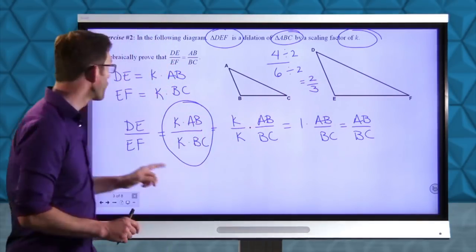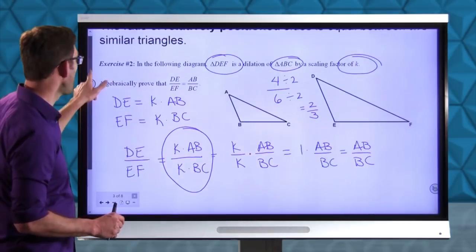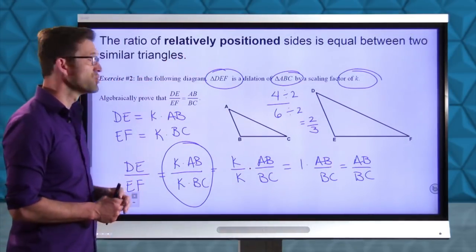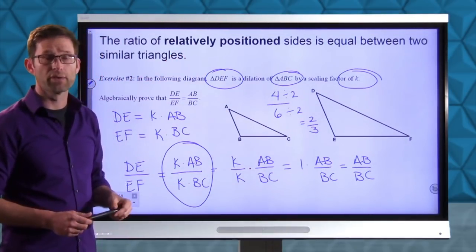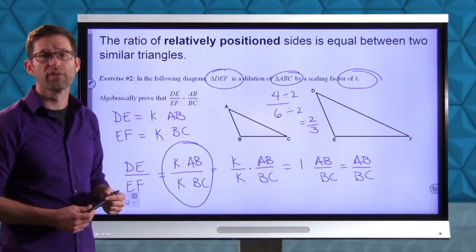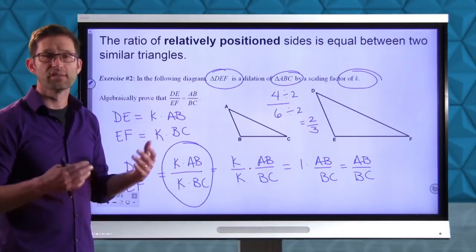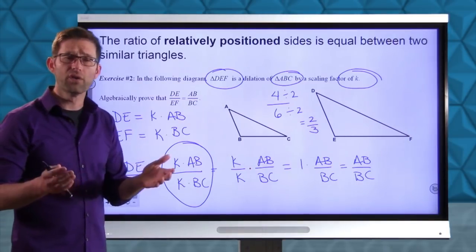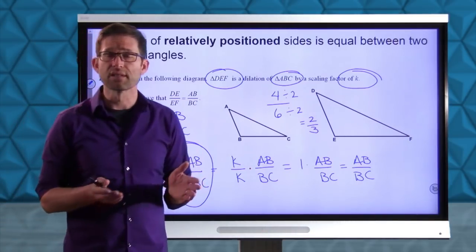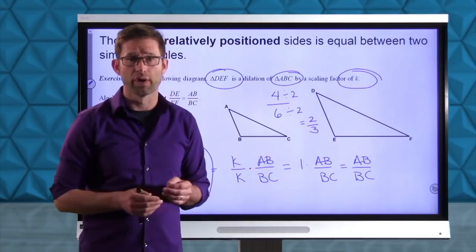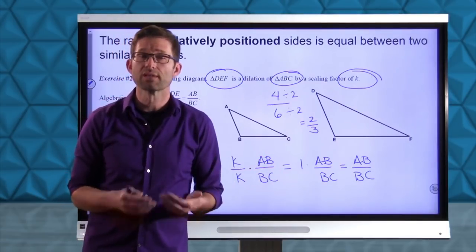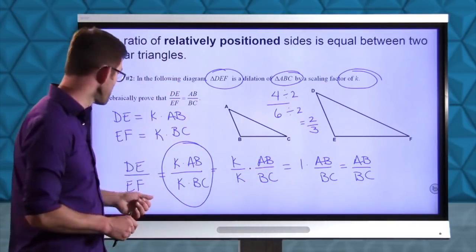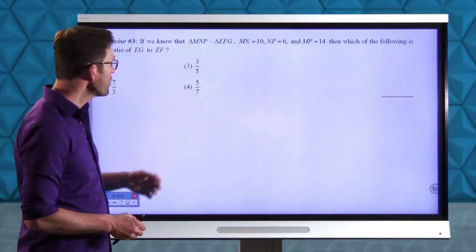The ratio of relatively positioned sides is equal between two similar triangles. Or we could say the ratio of relatively positioned sides in similar triangles are proportional. So now what we're going to do for the rest of this lesson is apply this version of similarity proportions as opposed to the ones that we've been seeing in the last unit. So let's go through some problems.